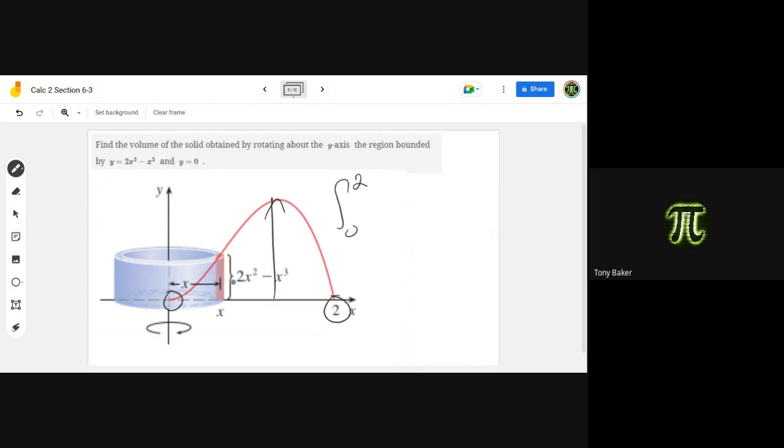Now, my radius of the cylinder is x, because we basically are looking at how we're going to get back to the y-axis, because that's what we're rotating it around. So wherever I am, going back to the y-axis would be how far I am, would be my x. So my circumference is 2 pi x, because r in this situation equals x.